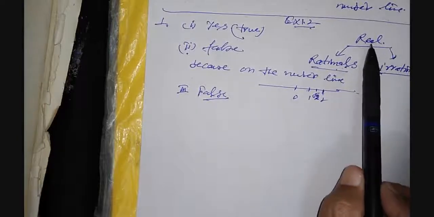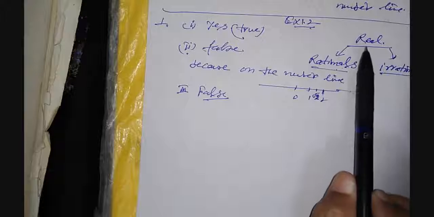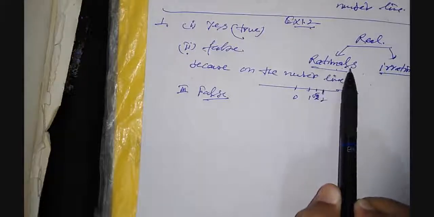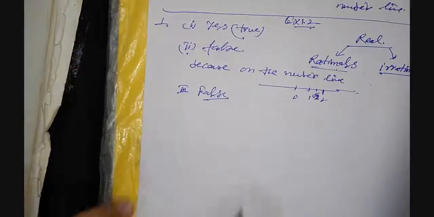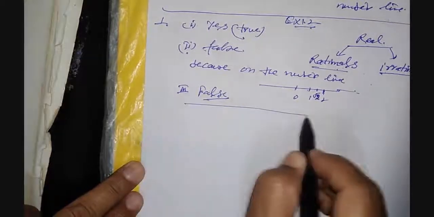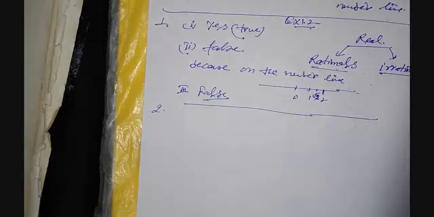So every real is not only irrational, it contains rationals also. So every real number is not an irrational number. It is part of rational numbers also. So, false.